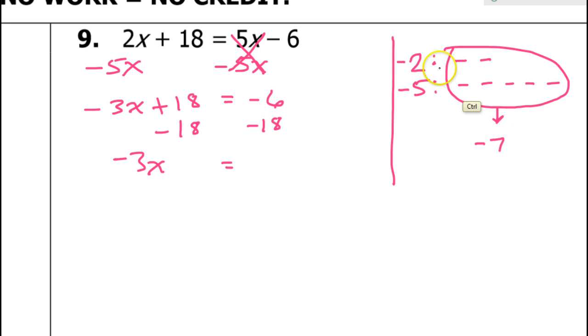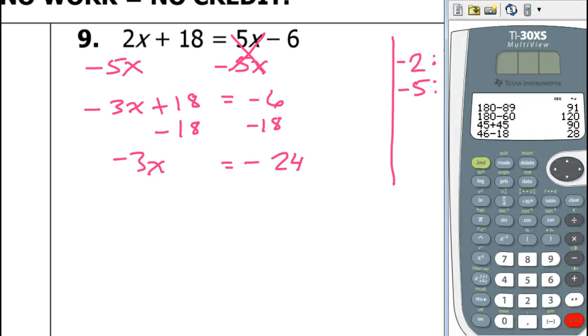Notice that they don't turn to a positive. Some students think, oh, a negative and a negative make a positive. No, you're thinking of multiplication. So I'm just going to have more negatives. So it's just a matter of 6 plus 18 is 24. So this will be negative 24. And obviously you could do this on a calculator if you need to. But just be careful.